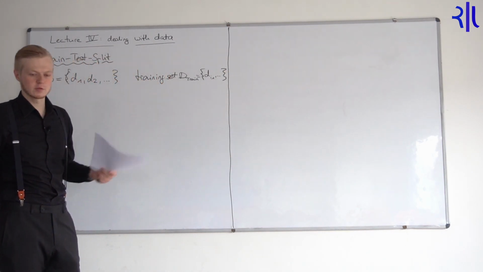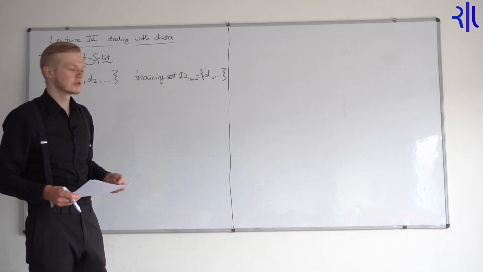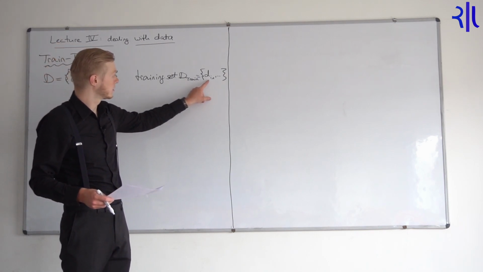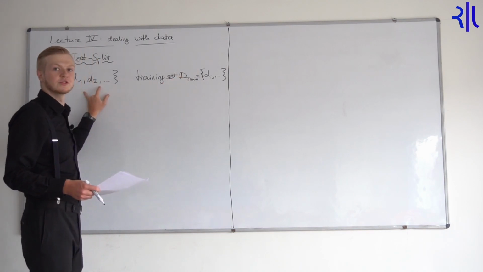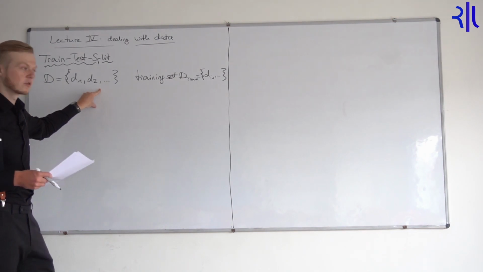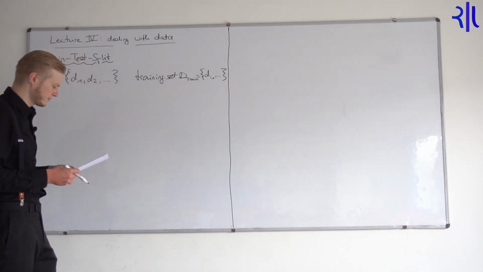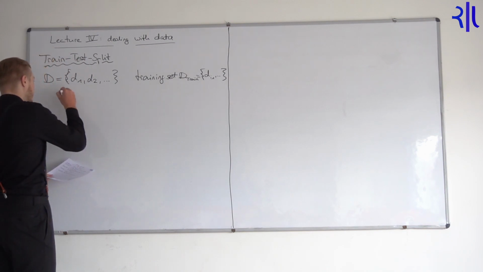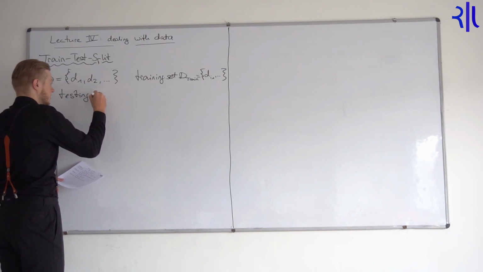So you can choose that, for example, randomly. You can say you draw two-thirds, something like that, of the data you have. You select that for the training data, and the rest will become the testing set.